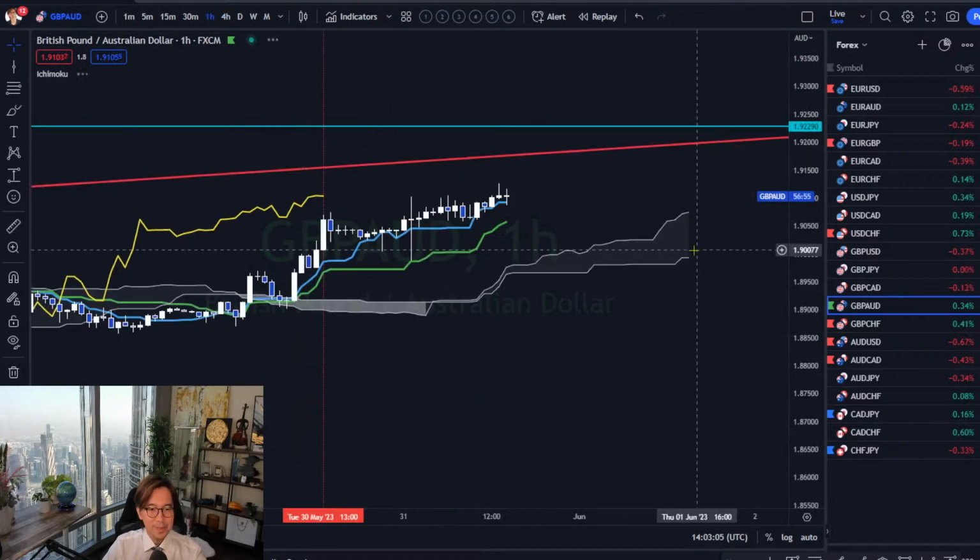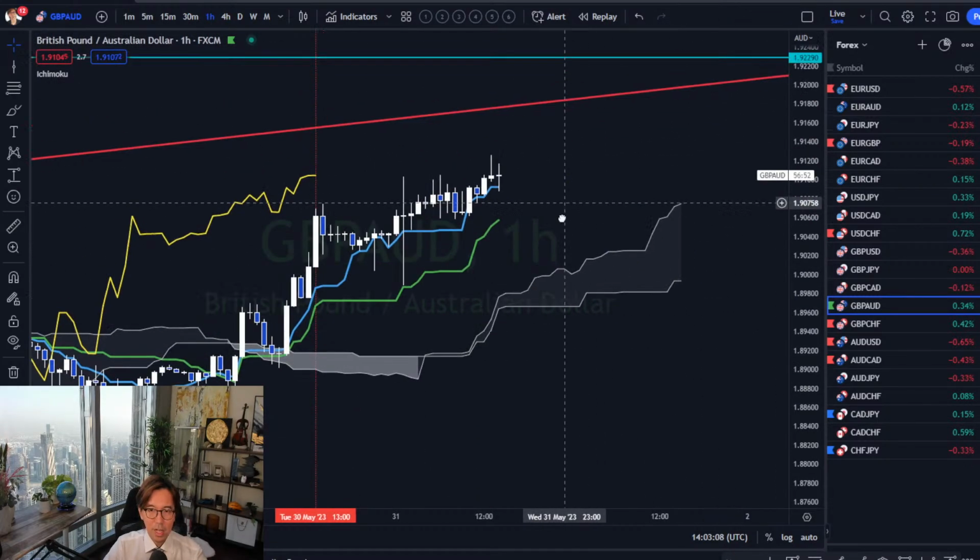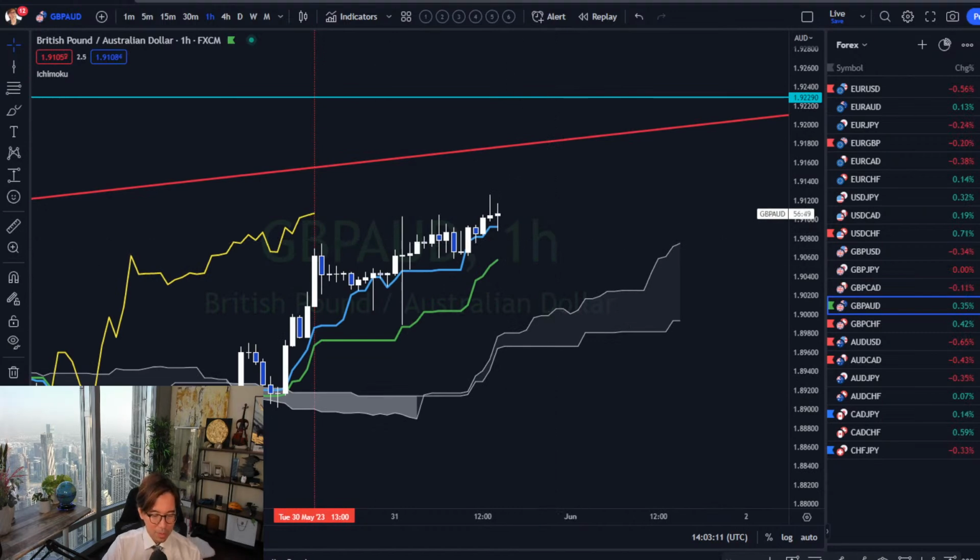So here's 1 hour, and the 1 hour time frame is also showing bullish. Again, Kumo is bullish, Senkou span A is bullish. If you're new to Ichimoku, the gray part is called Kumo, the upper level is called Senkou span A, and the lower part is called Senkou span B. So when I see the upper part Senkou span A bullish, plus the green one, which is called Kijun Sen, is bullish, and also Chikou span above candles.